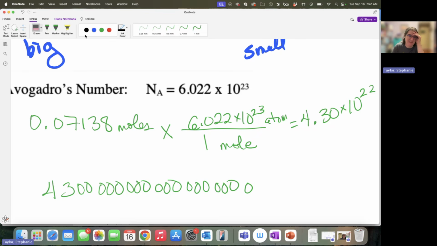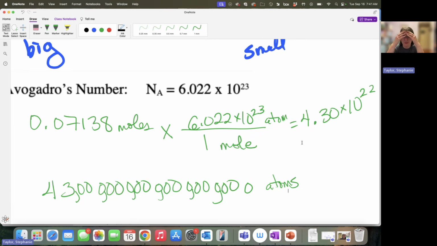Too many zeros. Great. I don't even know what this number is, but it's a lot. Lots and lots of zeros. Lots and lots of atoms. So those are my tricks for remembering what to do.